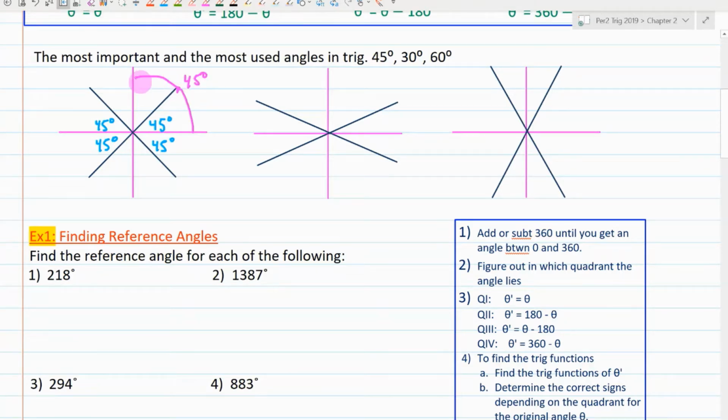If I go all the way around to this side, this will be 135 degrees, because I'm 45 degrees away from 180. If I go all the way here, we're at 225. And then in the fourth quadrant, that's 315.